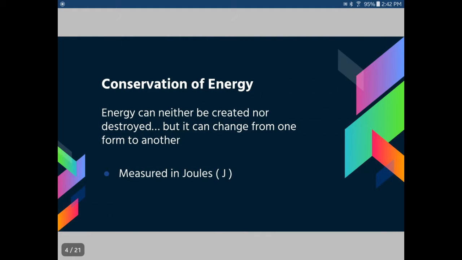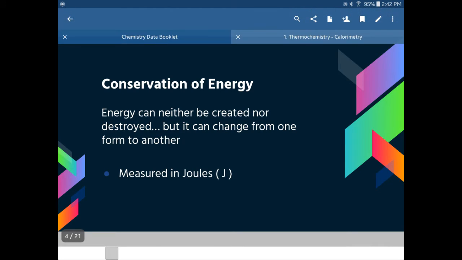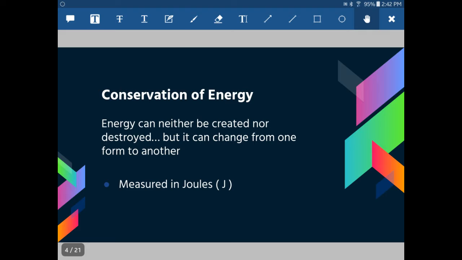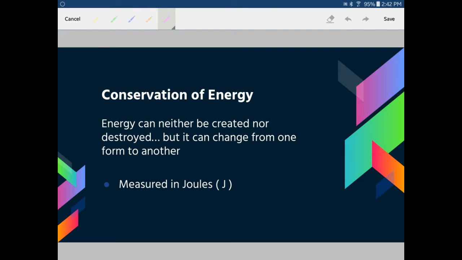So, you should all be fairly familiar with this concept of the conservation of energy. Now, energy cannot be created nor destroyed. Okay, so we conserve energy. It can't be created, and it can't be destroyed, but it can definitely change from one form to another. So again, we can change our energy from potential energy, EP, to EK, which is kinetic energy, and we can do this back and forth.